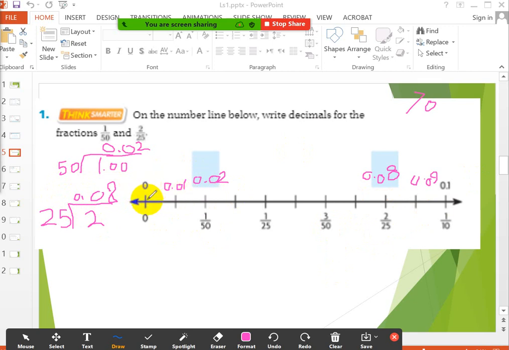So look, I have equal parts between 0 and 0.1. The counting here will be in the next digit, the second digit after the point, which is the hundredths, because I divide between 0 and 0.1, the tenths, into 10 equal parts.